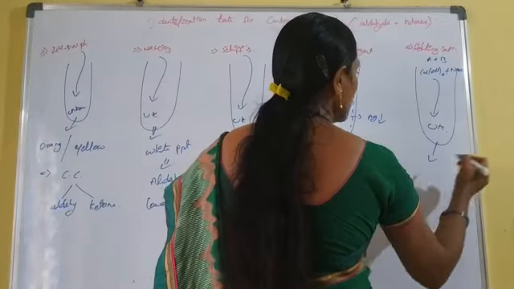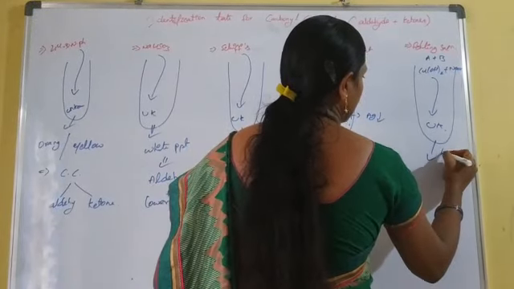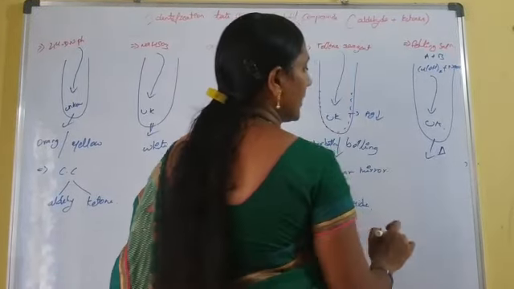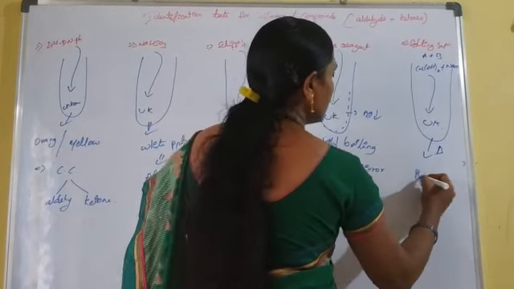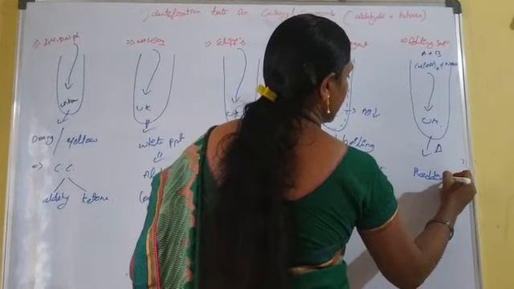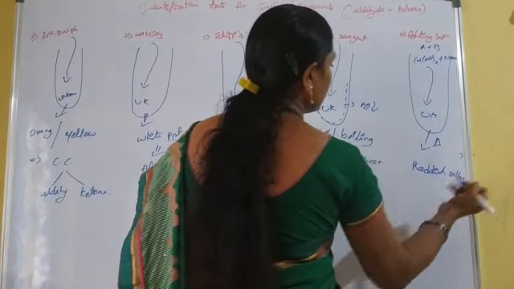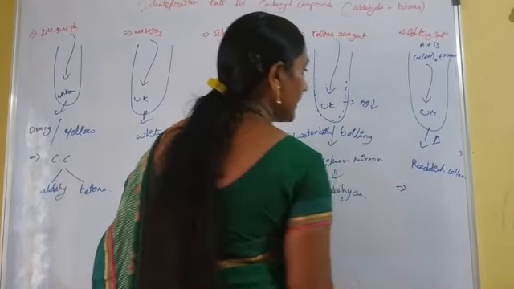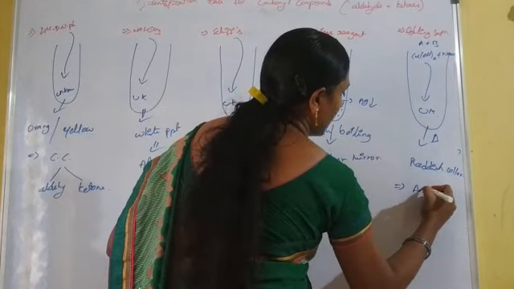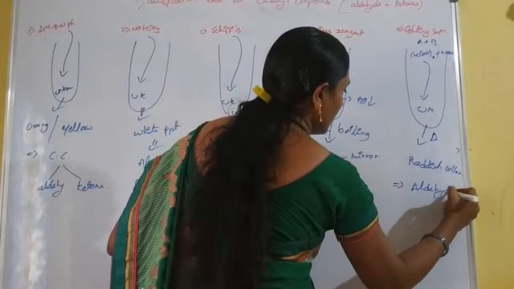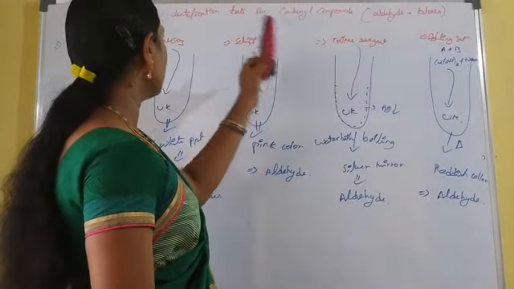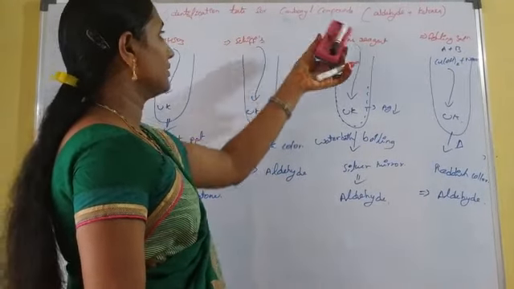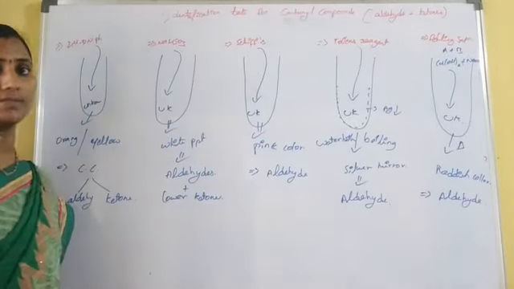On direct heating with a flame, we observe a brick red or reddish color. That reddish color indicates the presence of aldehydes. In total, 5 tests are used in identification tests for carbonyl functional groups. Thank you.